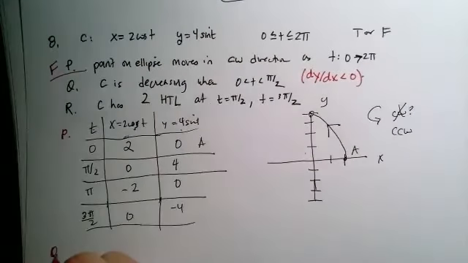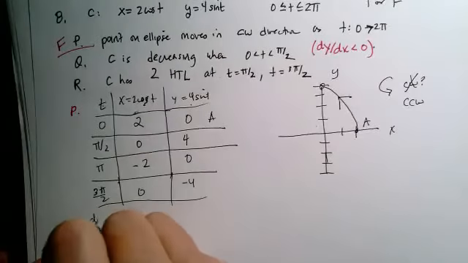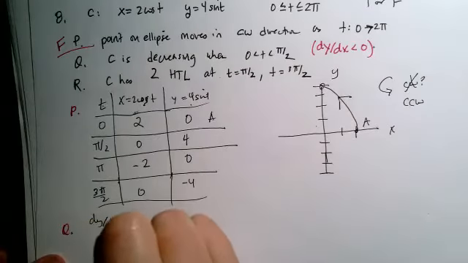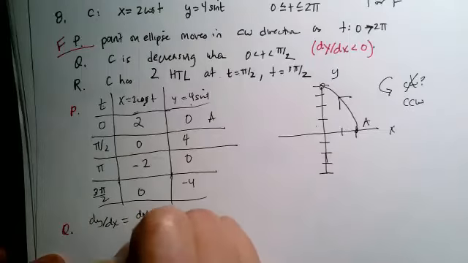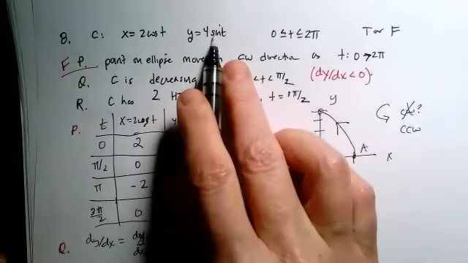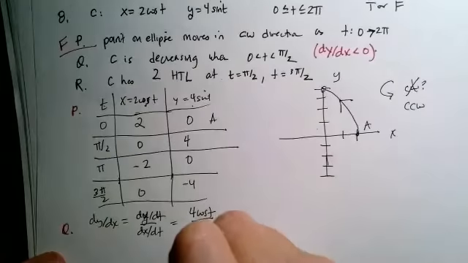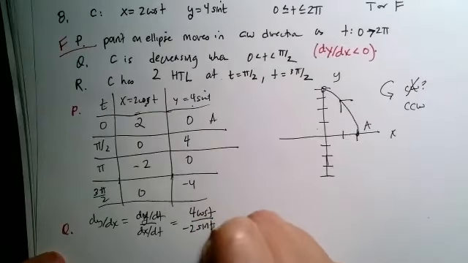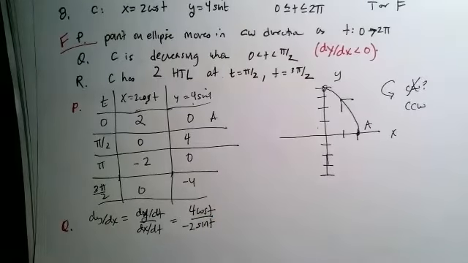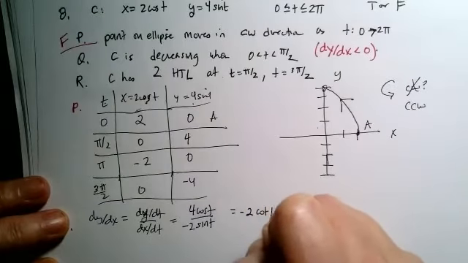So for Q, dy/dx is going to be dy/dt over dx/dt. And dy/dt is going to be 4 cosine t. dx/dt will be -2 sine t. That's going to give us -2 cotangent t.